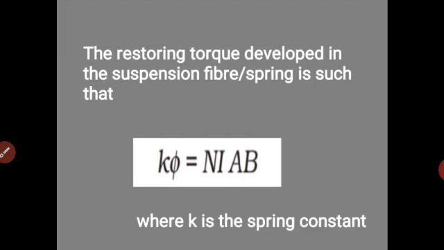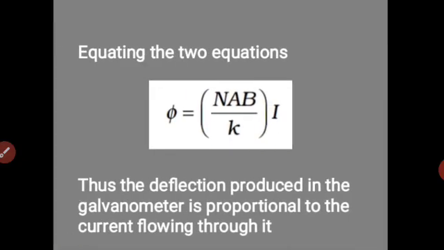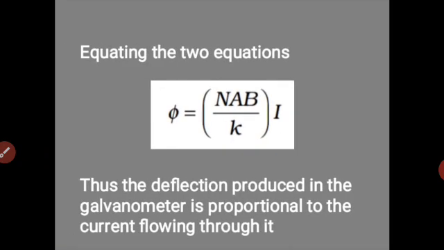Here K is a constant called the spring constant. The deflecting torque we have seen is NIAB. The restoring torque is K phi. Thus, we equate the two and shifting the terms, we see that phi is given by NAB upon K into I. This equation tells us that the deflection produced in the galvanometer is proportional to the current flowing through it.